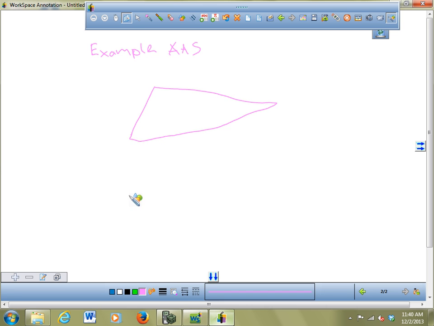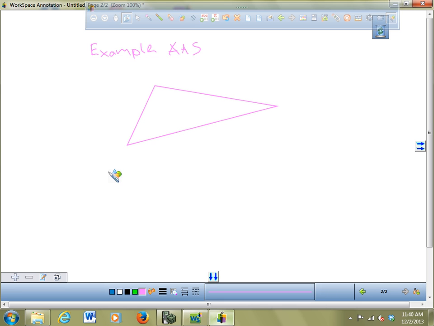Say I tell you that this angle here is 102.3, and this angle here is 28.7, and this side here is 27.4. And let's give these some names. Let's call this C.